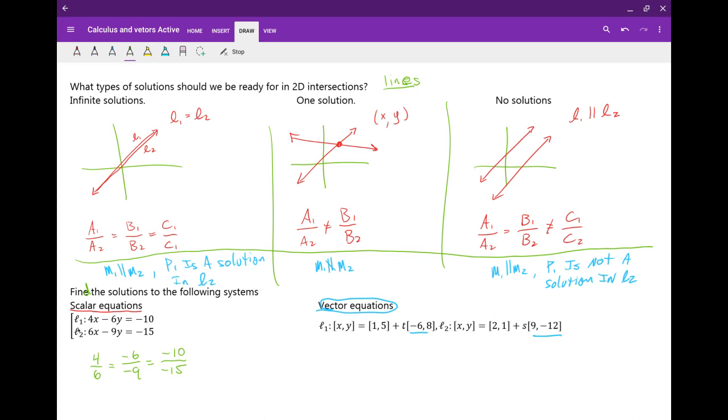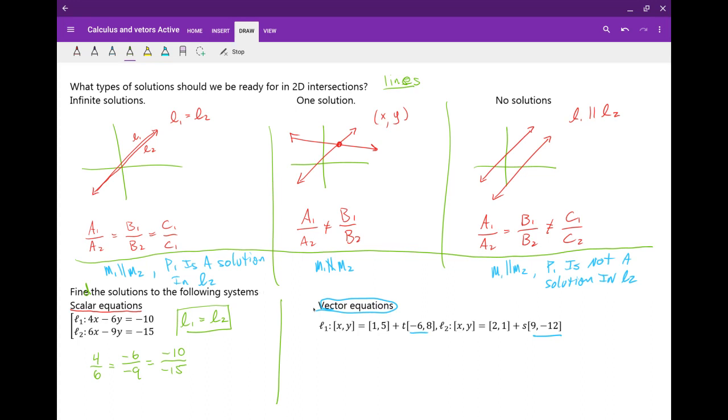The solution is that these two lines are exactly the same line, and therefore we have an infinite number of solutions. Each one of the points on every line is shared, so we would say that line 1 is equal to line 2. There are an infinite number of points that these two lines share, okay?